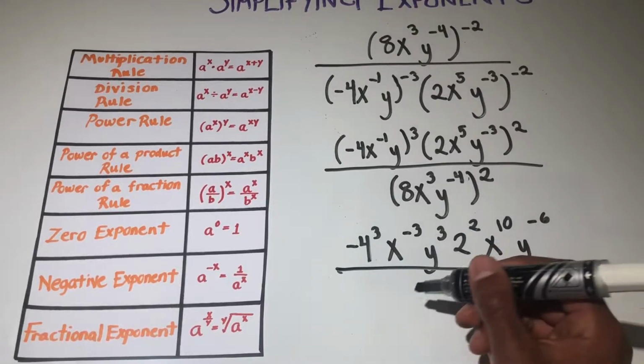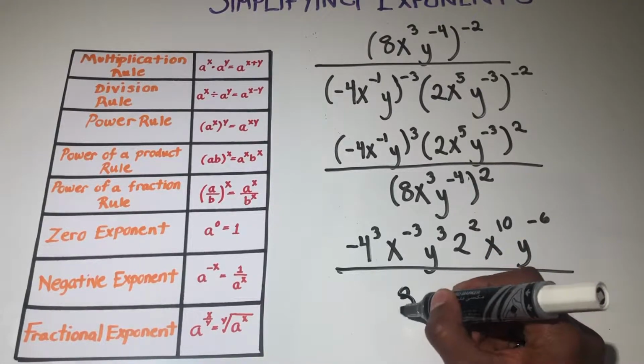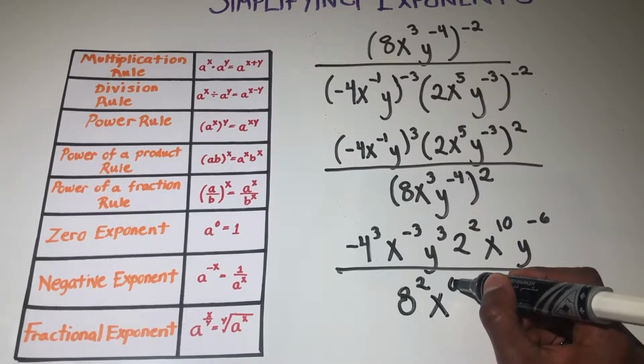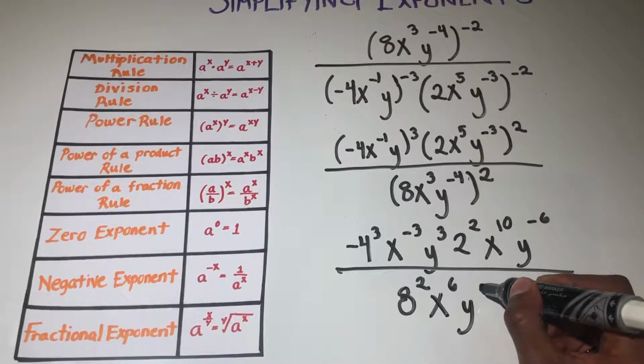All over 8 squared times x to the power of 6 times y to the power of negative 8.